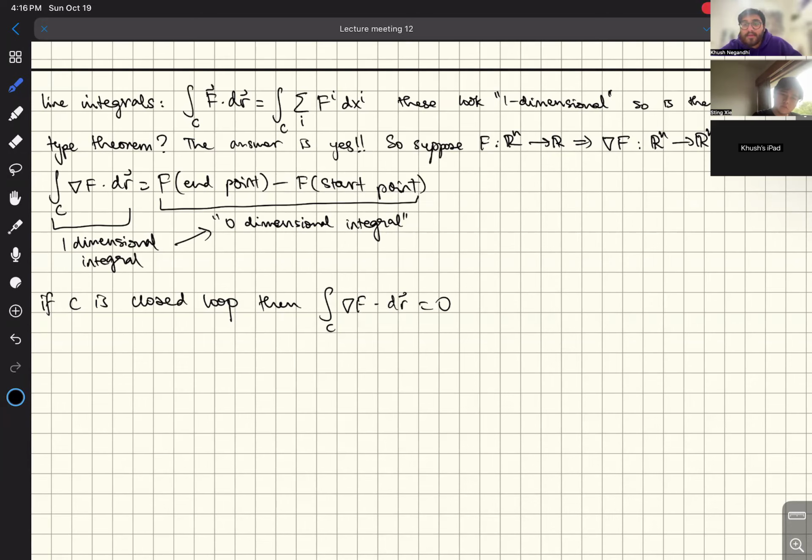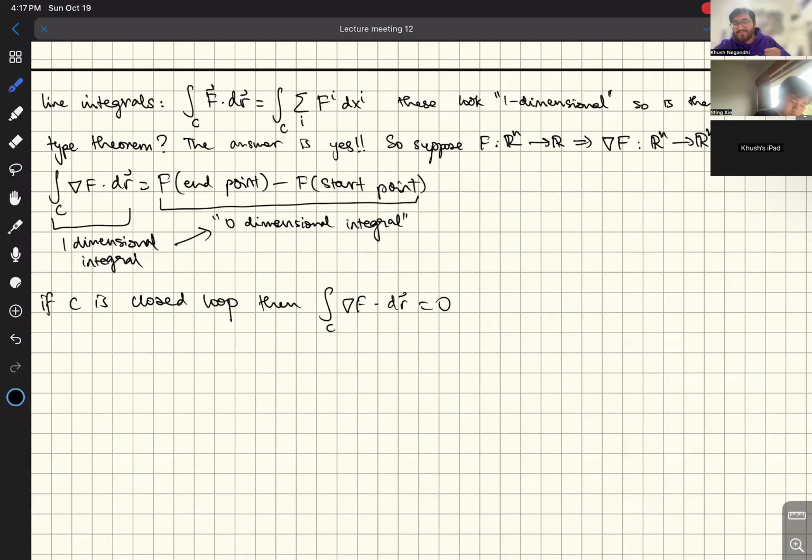This is a very deep question that relates to the topology of our space. We will answer questions like this in a much more general setting using something called de Rham cohomology.